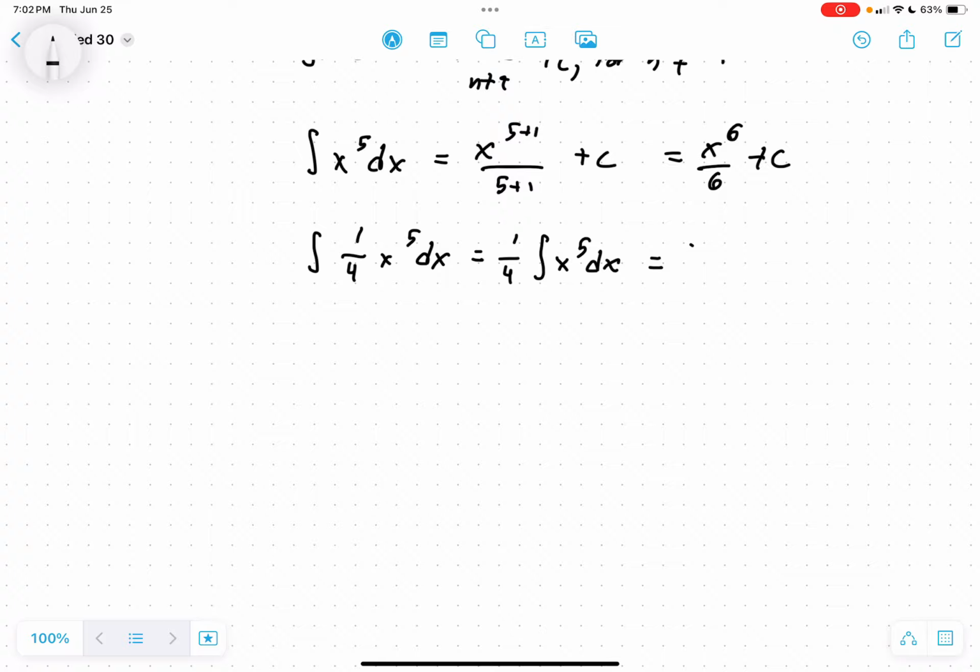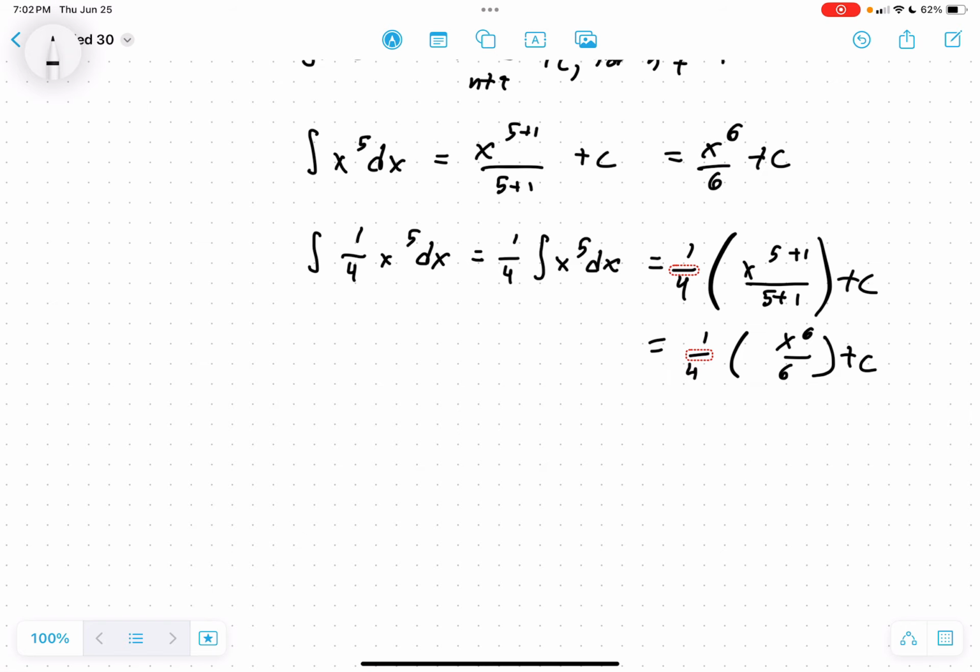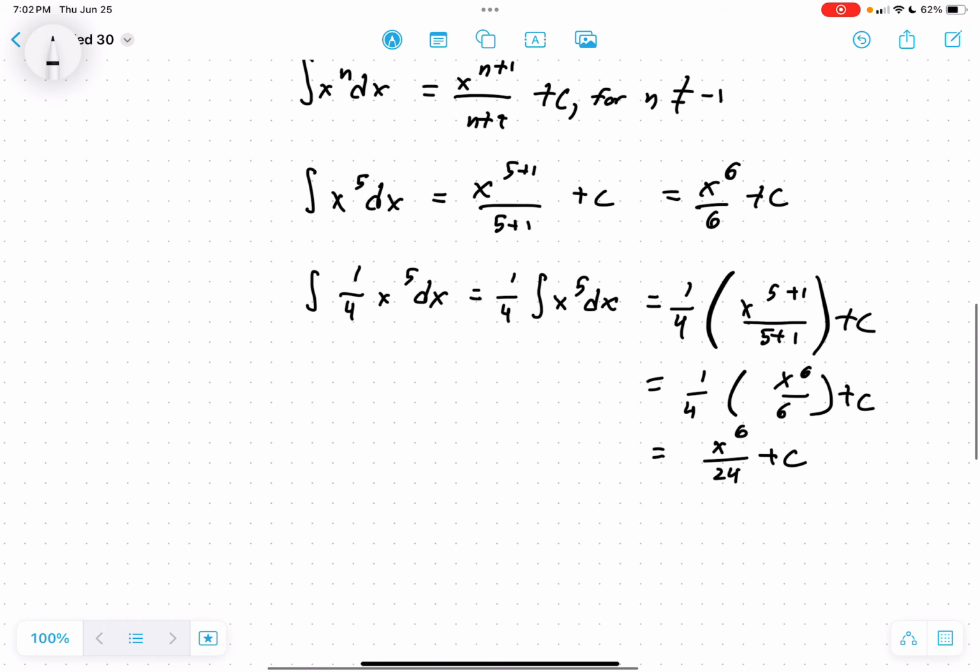This is going to be 1/4 times x to the 5 plus 1 over 5 plus 1 plus c, which equals 1/4 times x to the 6 over 6 plus c, which equals x to the 6 over 24 plus c.